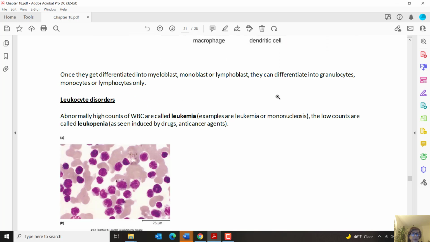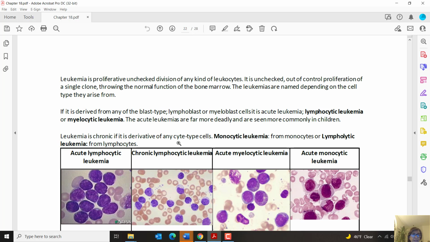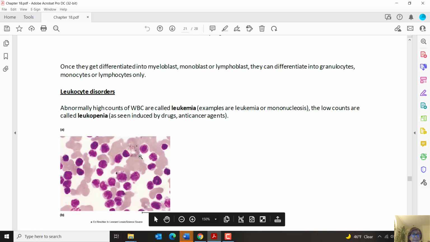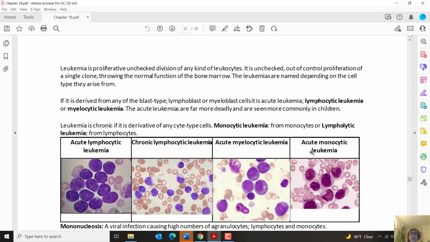Leukocytic disorders: abnormally high numbers of WBC count is called leukemia, and low count is called leukopenia. Leukopenia is very common in patients undergoing chemotherapy or radiation, those are the drugs. And this one actually shows monocytes and lymphocytes. These are some of the examples of leukemia that I found, like acute lymphocytic leukemia, so you have a lot of lymphocytes.